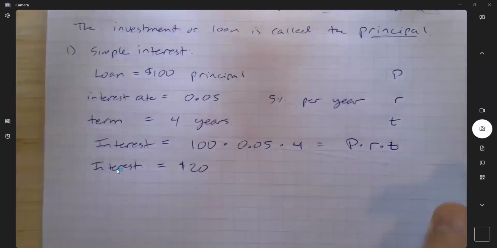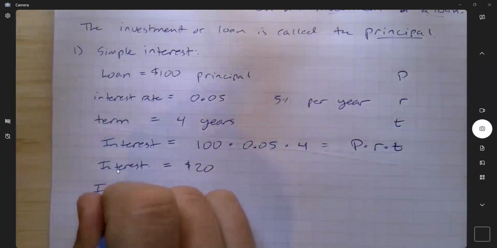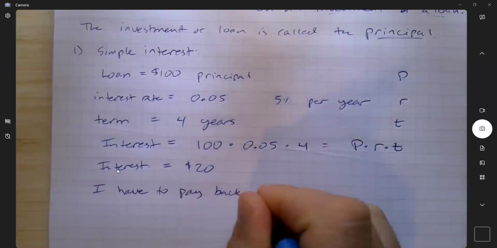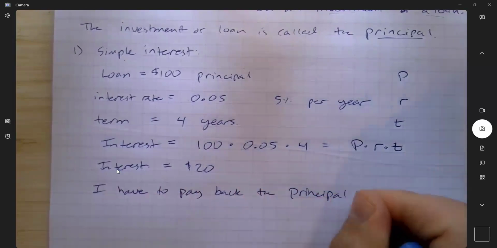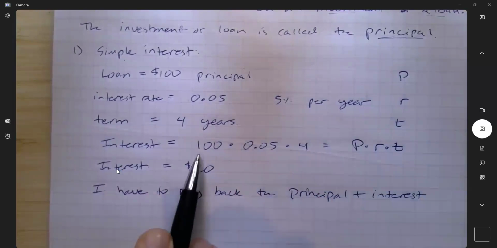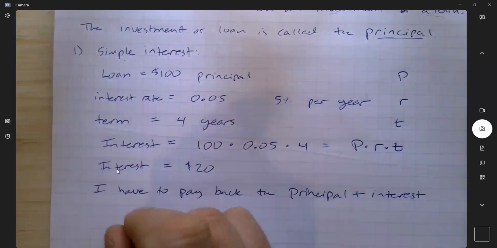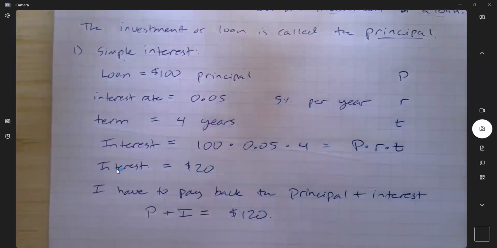Now the interest is not what I pay back. I have to pay back the principal plus the interest. Obviously, if I take $100 out, I need to pay back the $100 plus the 20. So the principal plus the interest in this case is $120. And that's how you calculate simple interest.